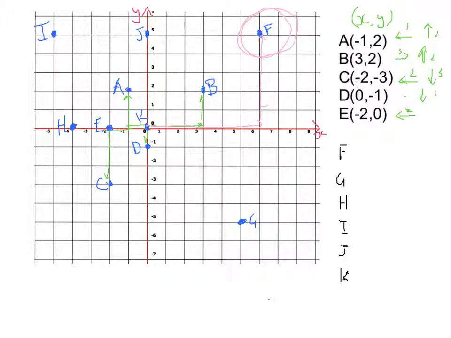So there are our coordinates for F. Because we went across by 6, it's going to have an x-coordinate of 6. And we then went up by 5, so it's going to have a y-coordinate of 5.